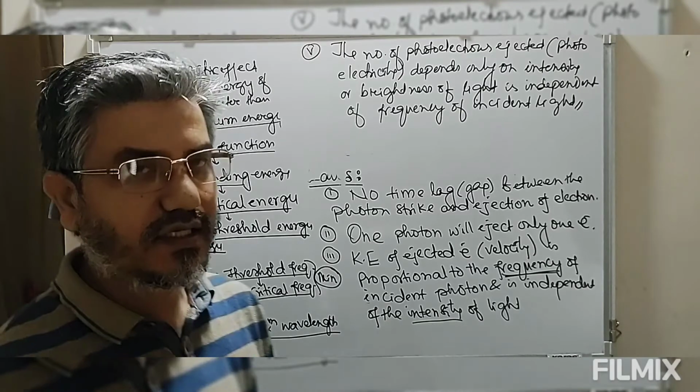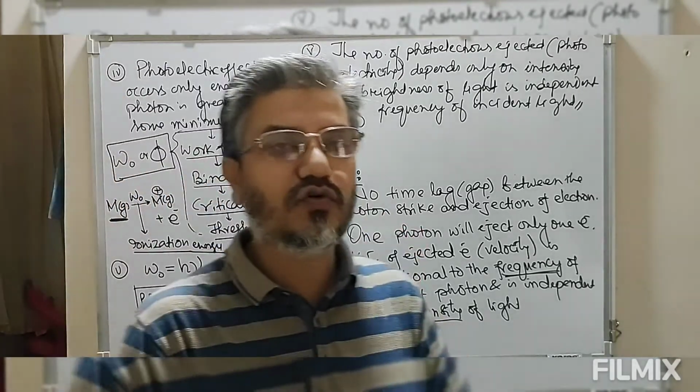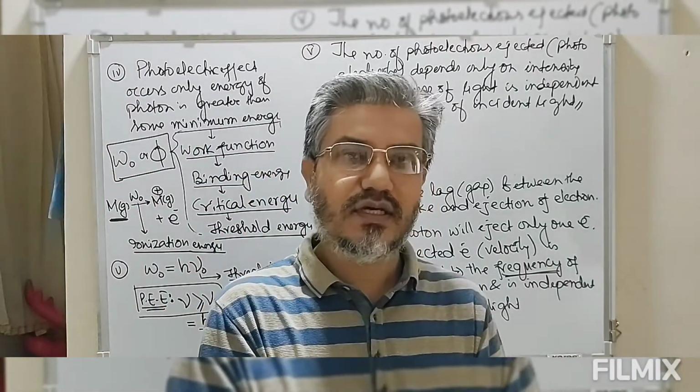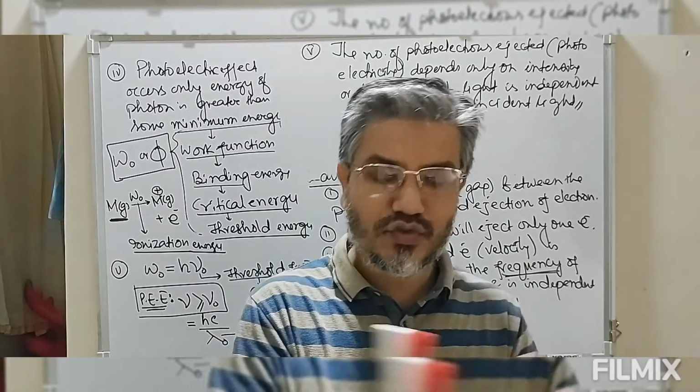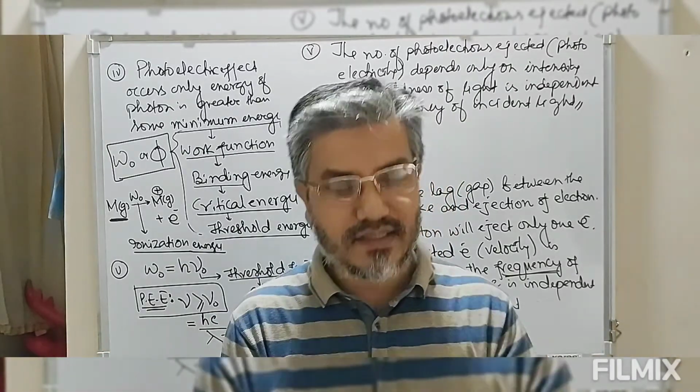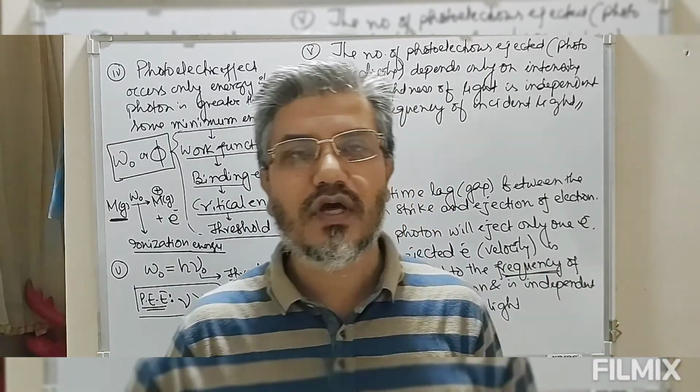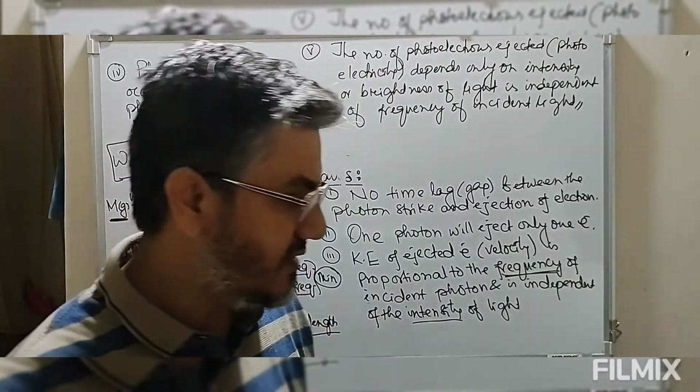Now we are saying the energy of the incident photon is transferred to the metal, and some of this energy is used to break this binding force, and the rest of the energy is converted into the kinetic energy of the ejected electron.